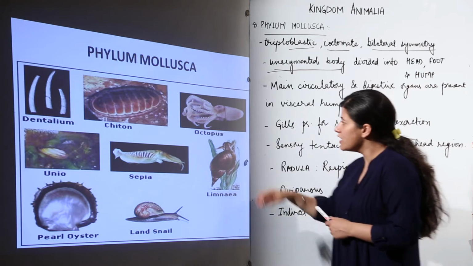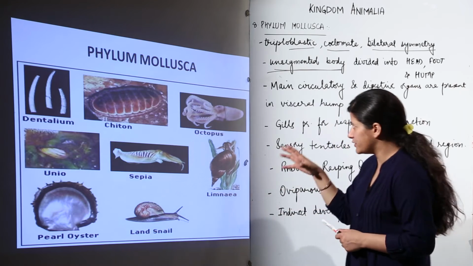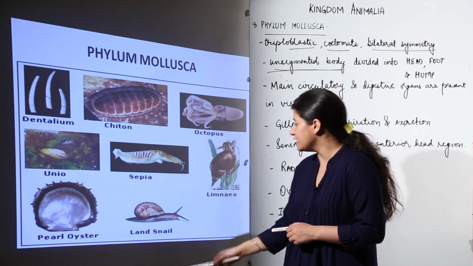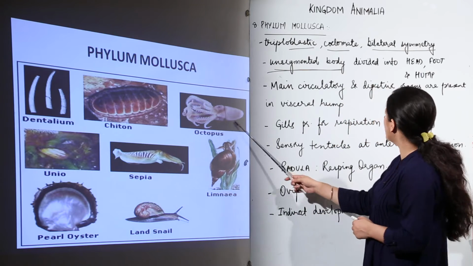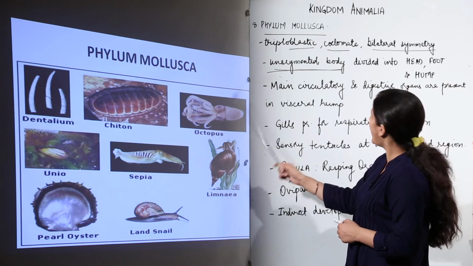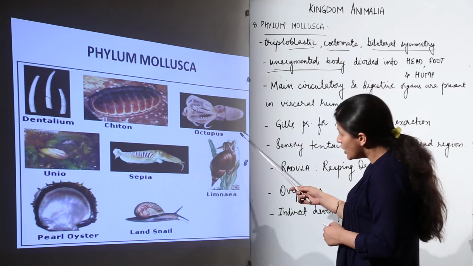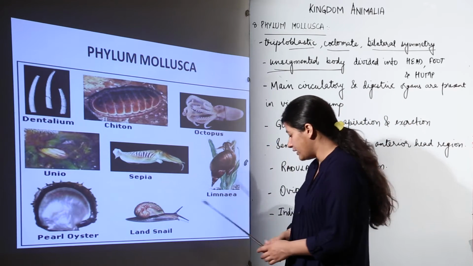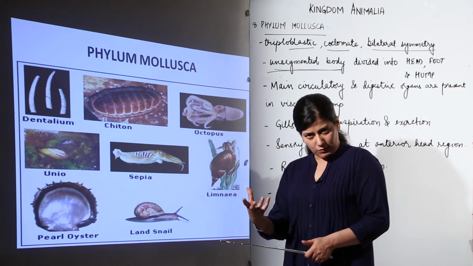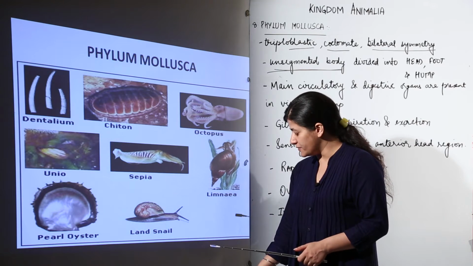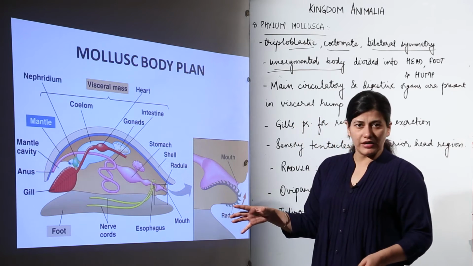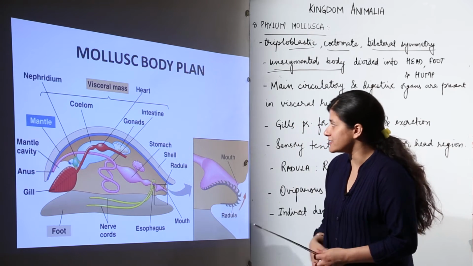We are going to see that, but have a look at these examples which are of phylum Mollusca, and from here you can make out that the body would be divided into a head, a foot and a hump, which you can't make out over here. But if I give you an example of a typical mollusk representation, the typical body plan we are talking about, it would be something like this.